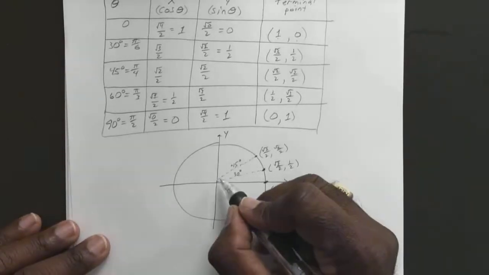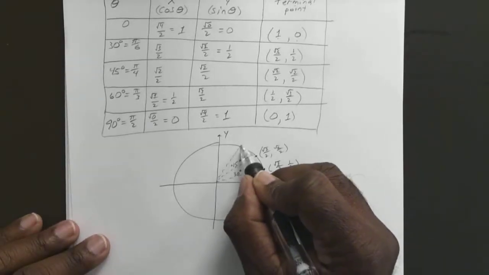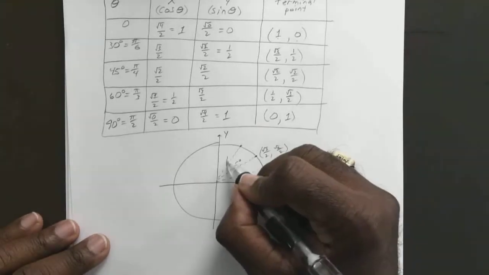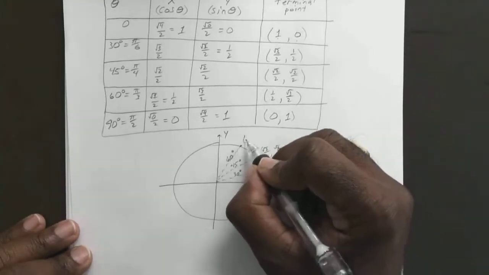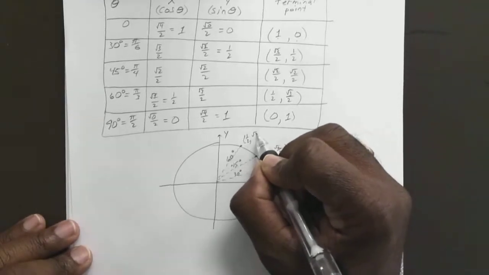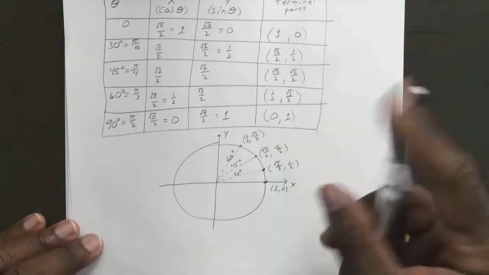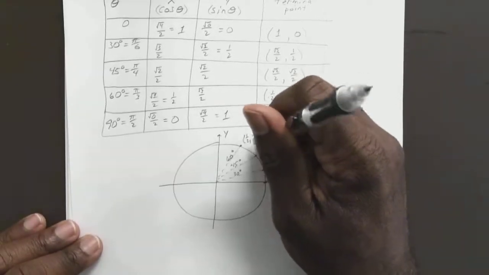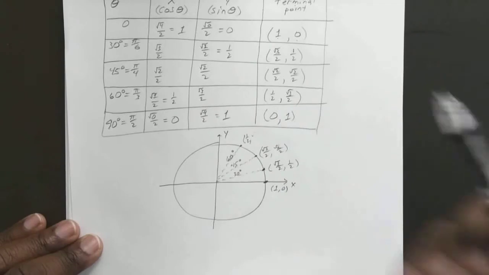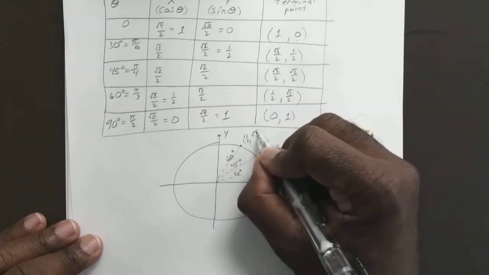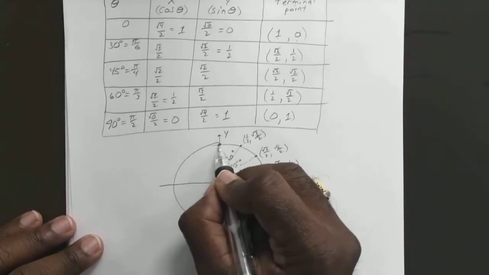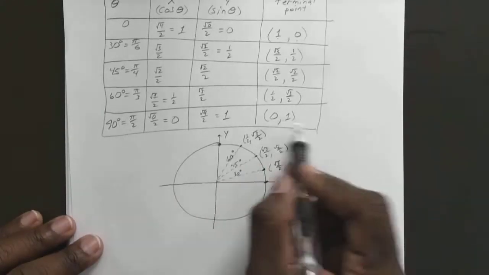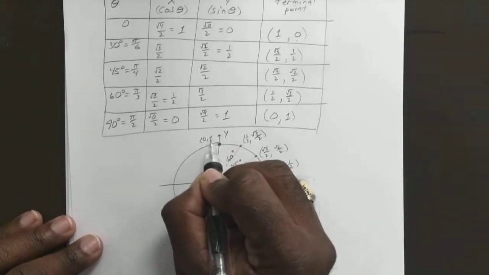So we know for 60 degrees, which is a little bit higher, we know it's 1/2, square root of 3 over 2. Let's clean that up a little bit. And we know right up here at 90 degrees, it's going to be 0, 1.